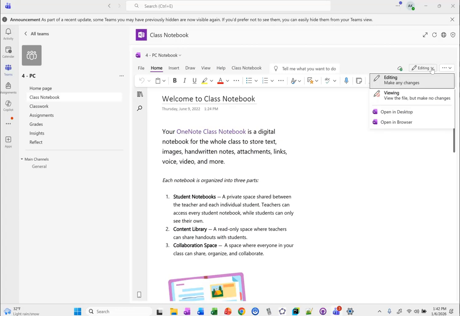From that drop down, you want to pick open in desktop. Once you do that, it'll automatically open your OneNote and load in the new notebook, and everything should be done. Lucas, you'll probably have to wait to do that last step.